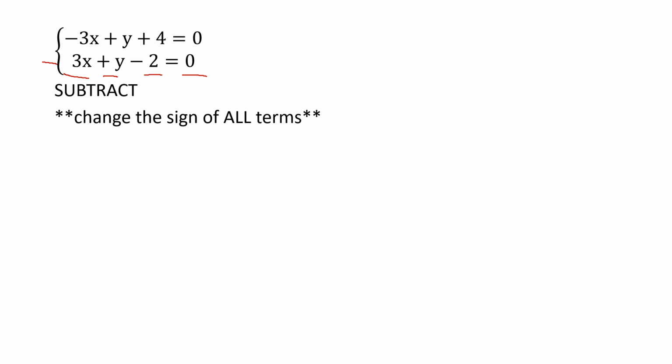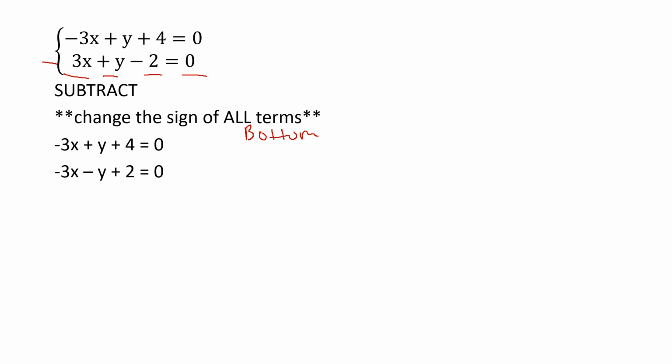So top equation stays. Change the sign of all terms of the bottom equation. Okay? So when I do that, my top equation stays. Negative 3x plus y plus 4. My bottom equation becomes minus 3x minus y plus 2.